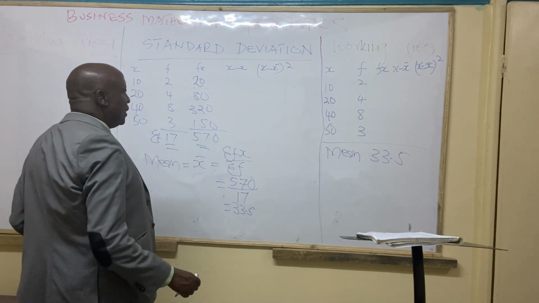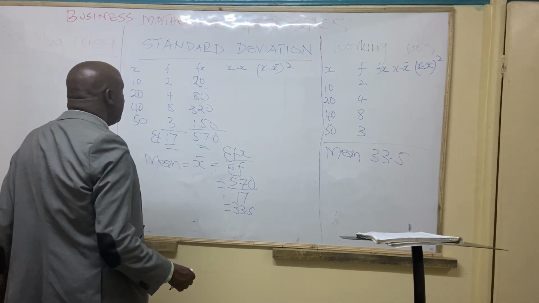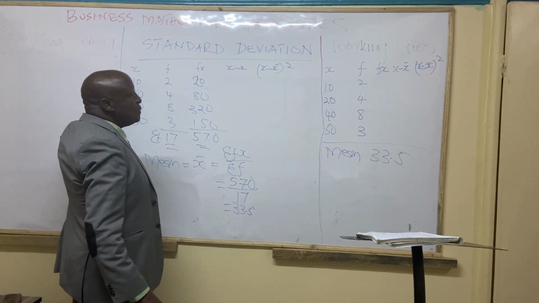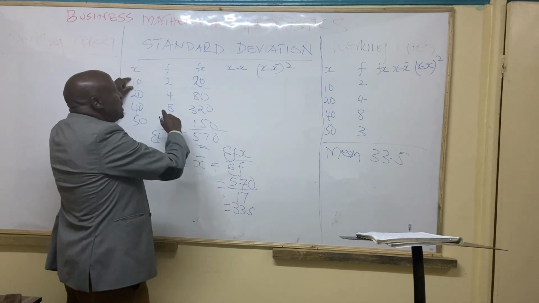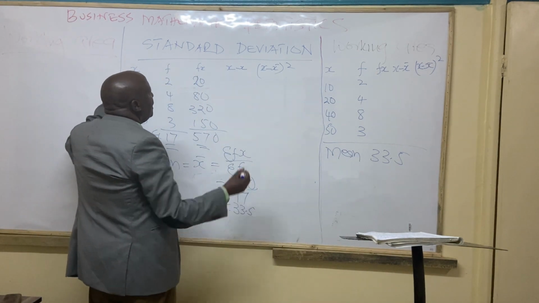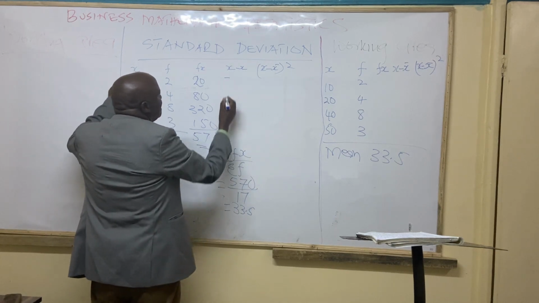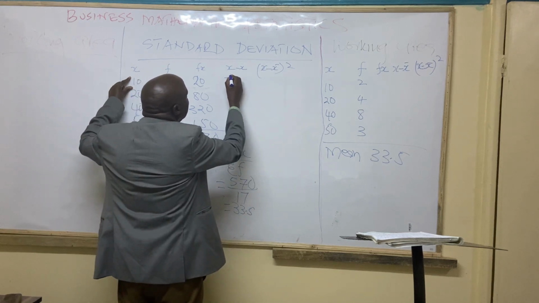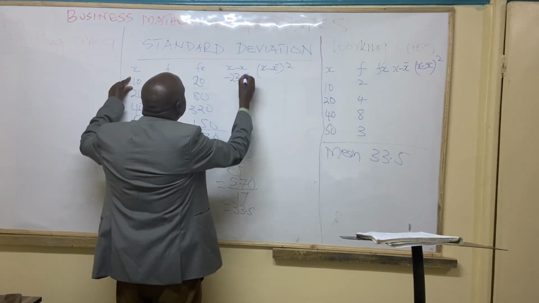So having gotten the mean, we say 10 minus the mean, 10 minus 33.5. We get negative 23.5.